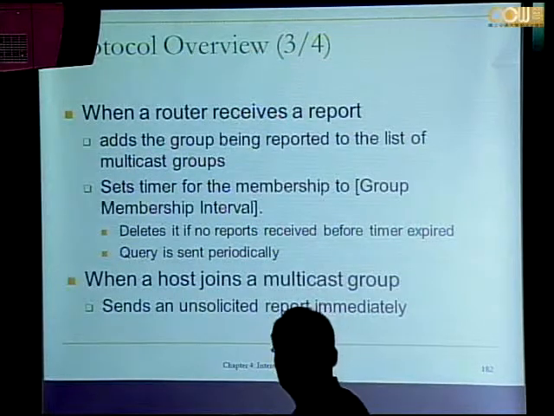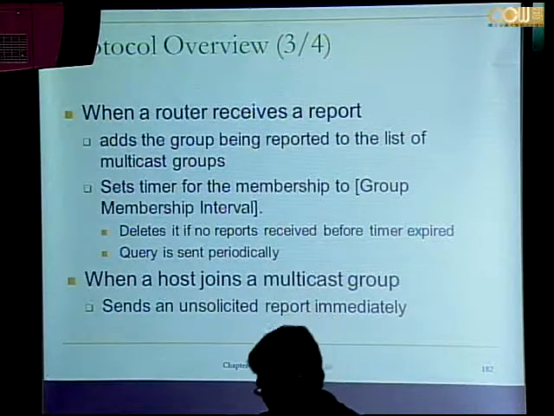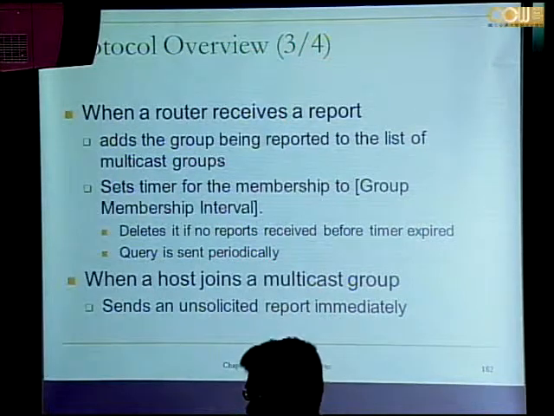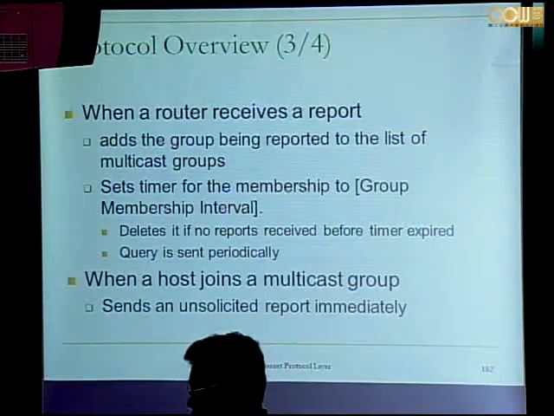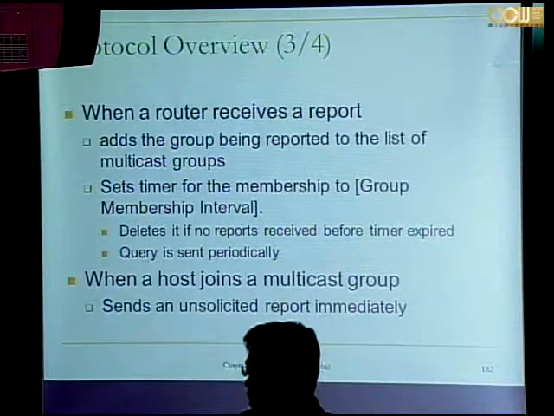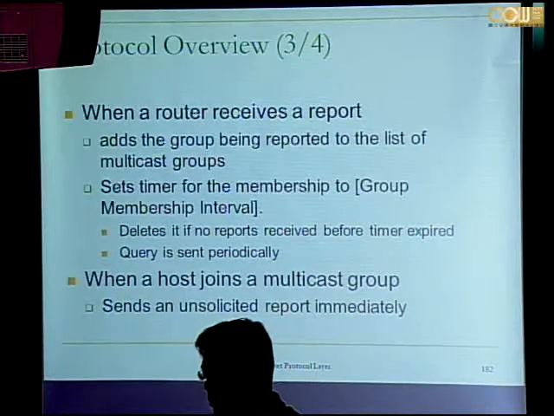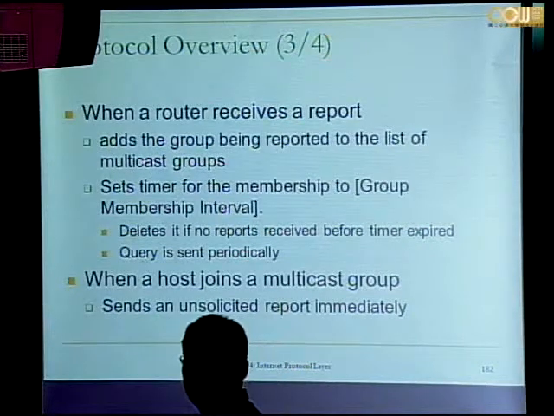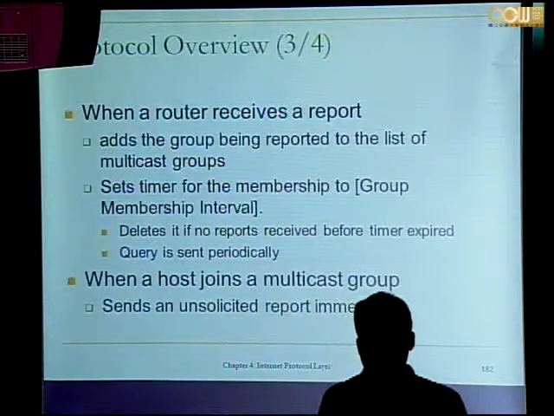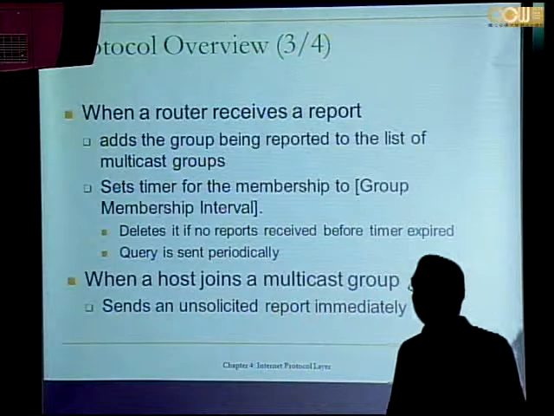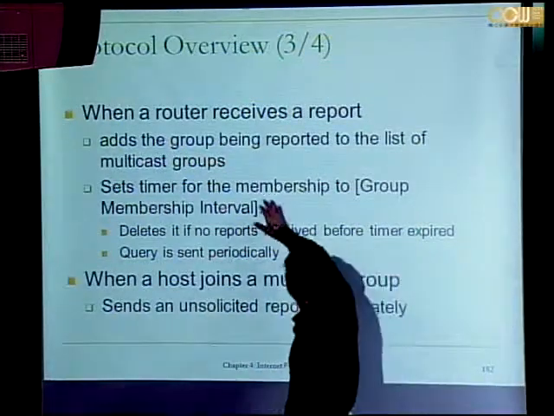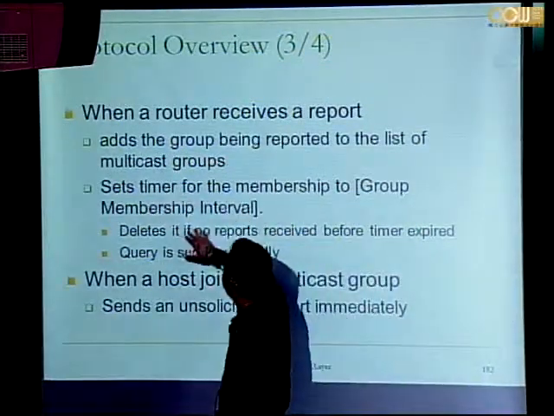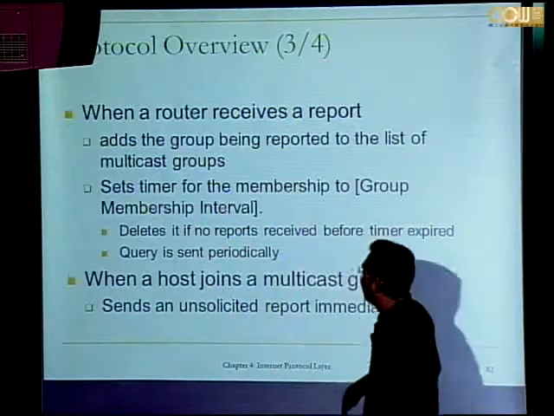If the list says 3 class D addresses, it means that there are hosts belonging to these 3 groups, so I'll keep track of that. And I set a timer for each entry, for each group, so it would expire.